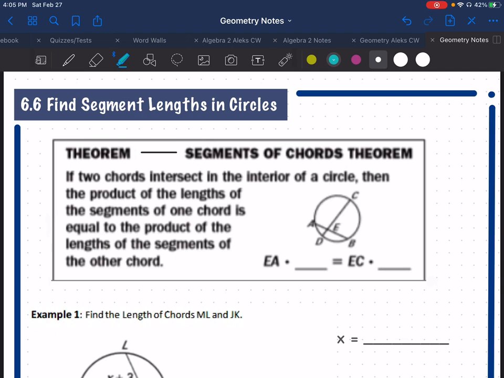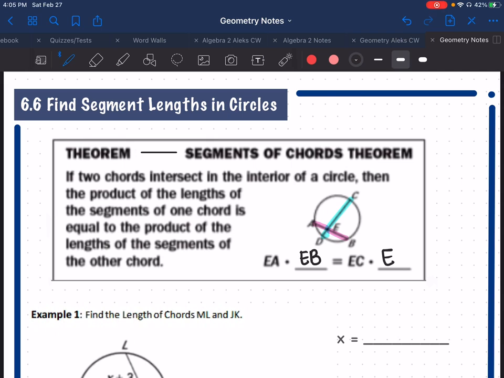What this theorem basically says is that the product of EA times EB, because they make up the first chord, is equal to the product of EC times ED, because they make up the second chord.